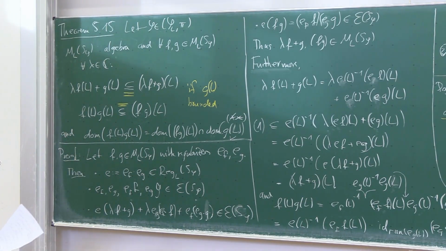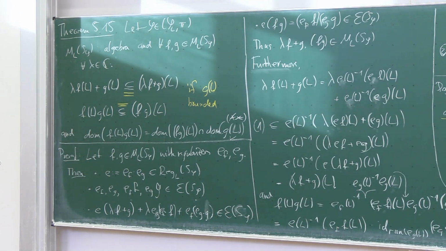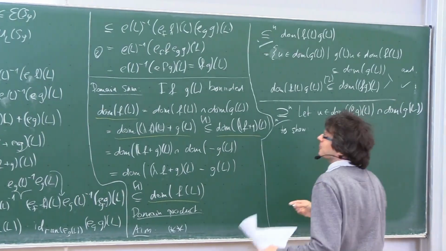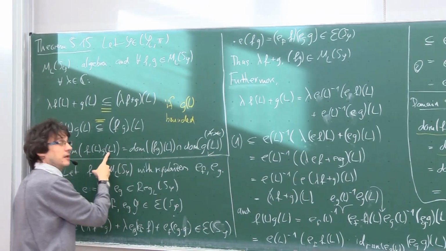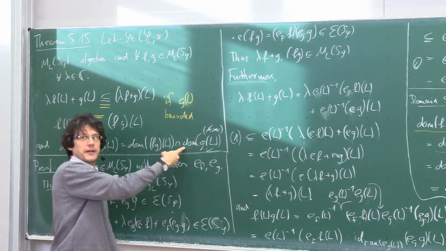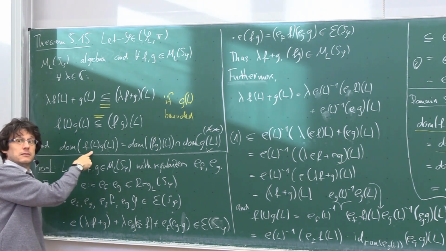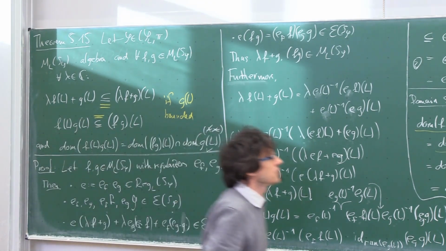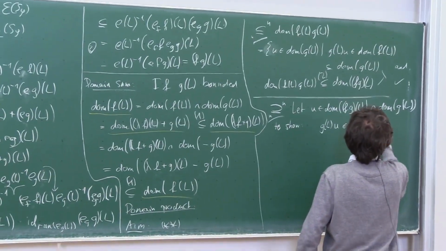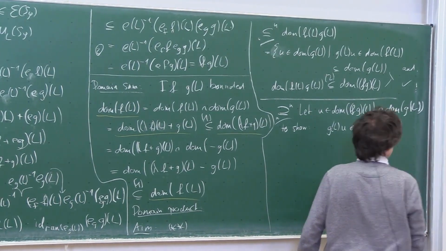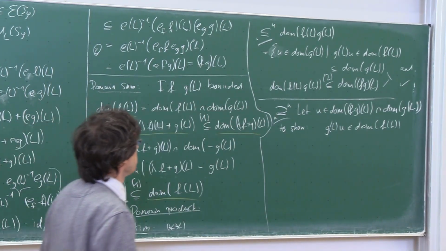So the domain of the product is all elements in the domain of G of L. Okay, we are in the domain of G of L, that's okay. Such that G of L u is in the domain of f of L. So what we have to prove is that G of L u is in the domain of f of L. That is left to do.